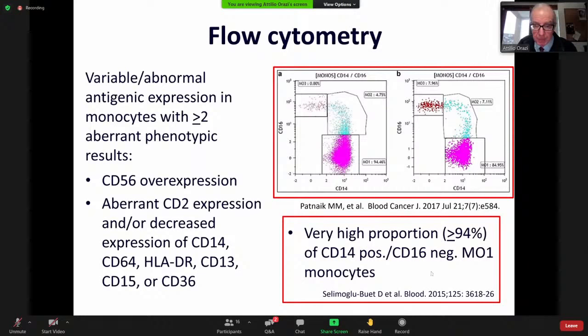Dr. Patnaik from the Mayo Clinic published this paper, and these are from his paper. Just to give you some perspective on this, I raised my hand and asked a question when he presented at the ASH, and I said, it sounds like a nice way to tell CMML, do you use this at Mayo Clinic?